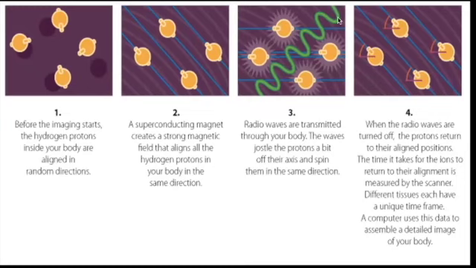We send a radio wave, and this radio wave will start tilting these hydrogen protons away from the magnetic field. When you shut off the radio frequency wave, they'll go back to their normal position. The time it takes them to go back feeds the computer with information about the positions of every hydrogen ion within your body. And the computer uses this information to construct an image. And that image is what we call an MRI.